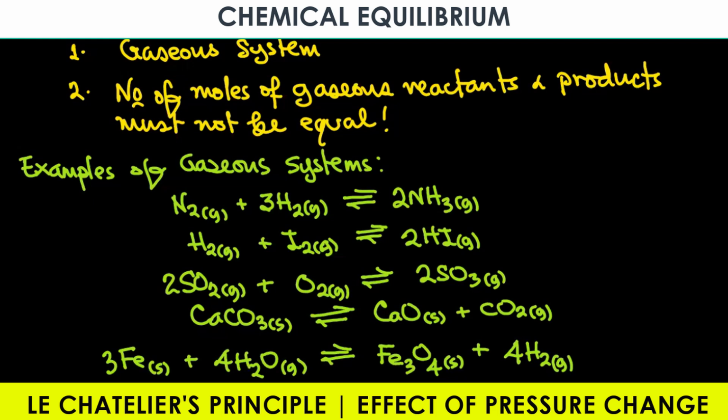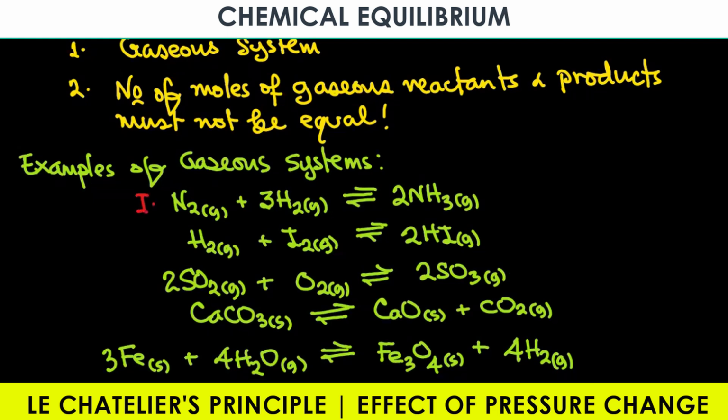Now, let me number this: 1, 2, 3, 4, and 5. Now, from 1 to 5, they all contain what? Gases. Equation 1, all of them are gases, so it's a gaseous system. 2, all of them are gases, gaseous system. 3, all of them are gases. 4, not all of them are gases, but this is a gas, so it makes it what?